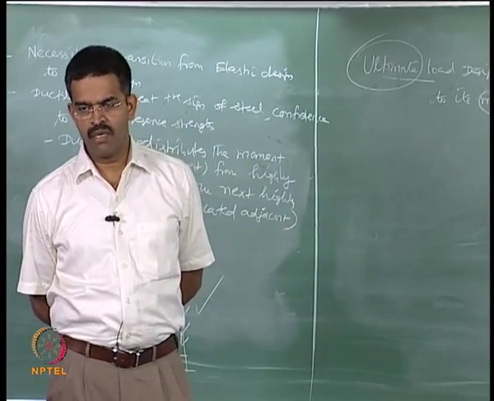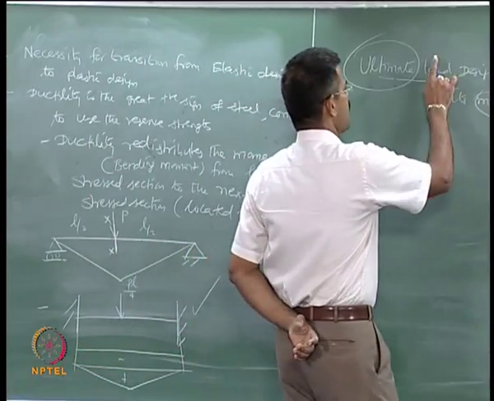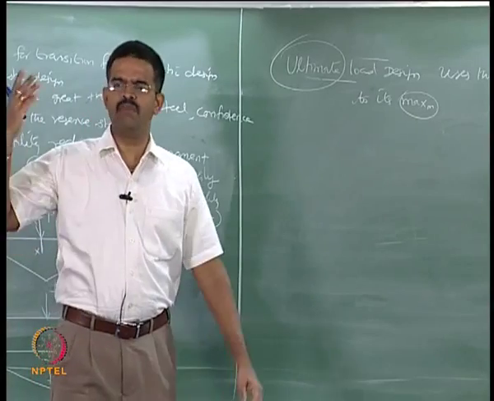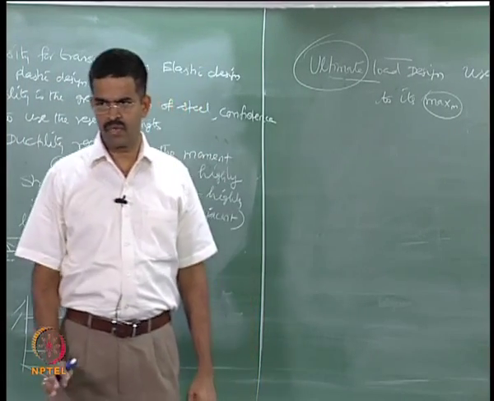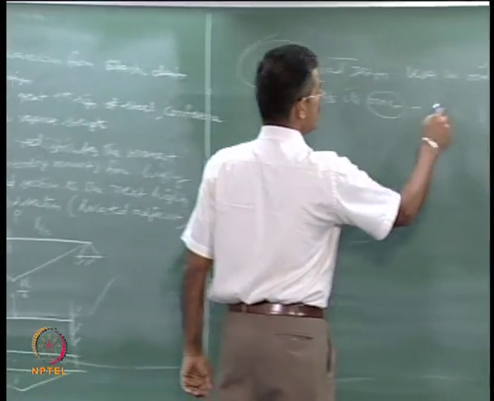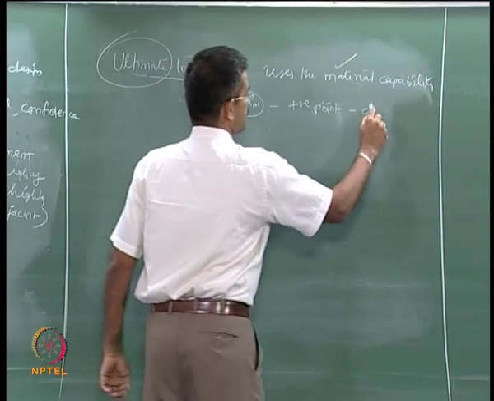That is why the name ultimate comes. So, this design mechanism uses the material strength or the material capability to its maximum, whereas elastic design does not. So, that is seen as one of the positive points in design perspective.